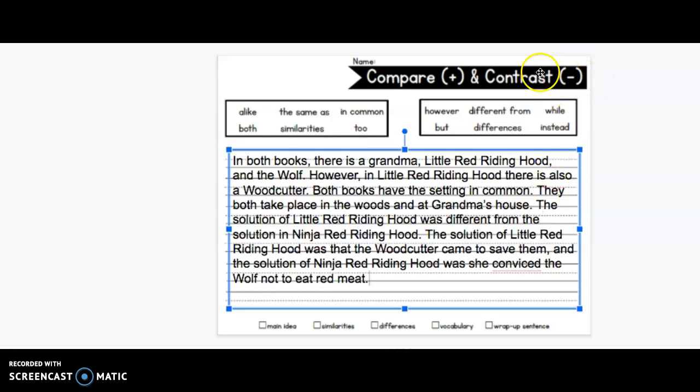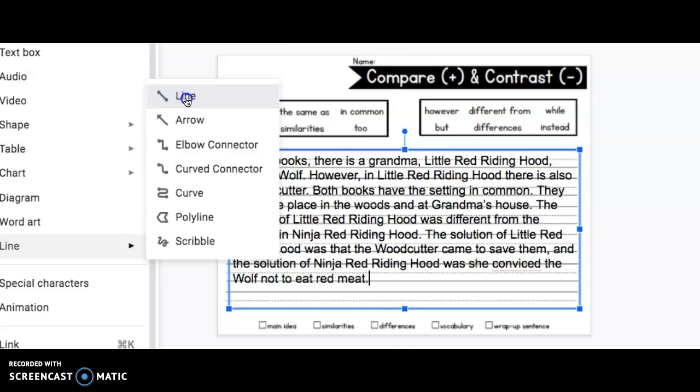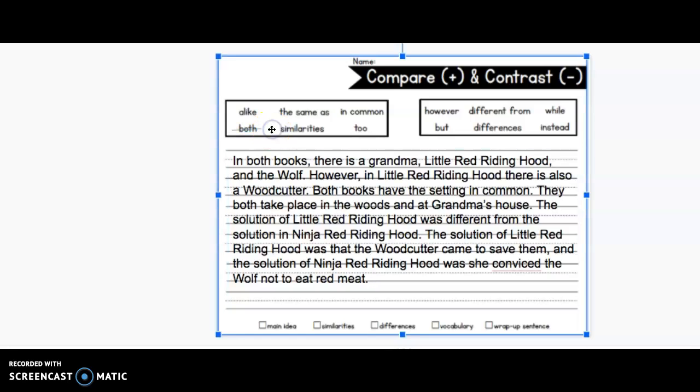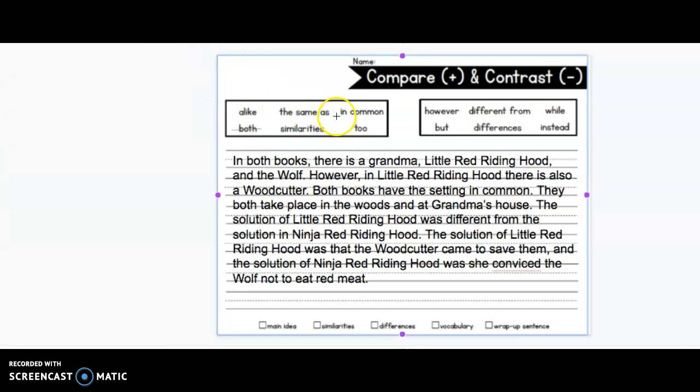Okay, now I'm going to go through and I'm going to just cross out all of the words that I used so that it's easy to see. So we used the word both. We used the word in common.